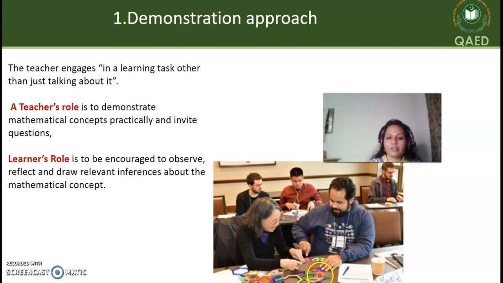I can see a hexagon, square, pentagon, etc. You can observe that this lady, who is a student, seems to be taking interest in the learning activity. So this is the demonstration approach, in which the teacher does something physically and then invites the student to also learn, discover new things, and draw the relevant information for herself.